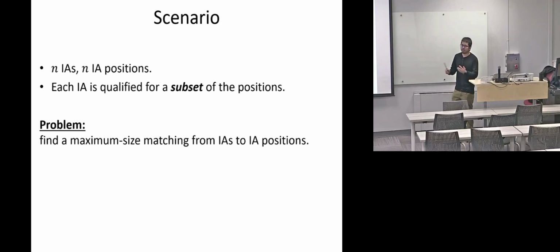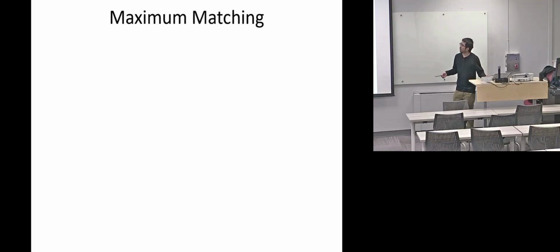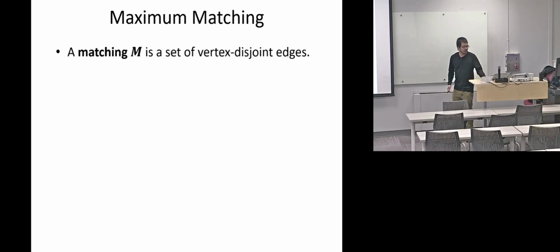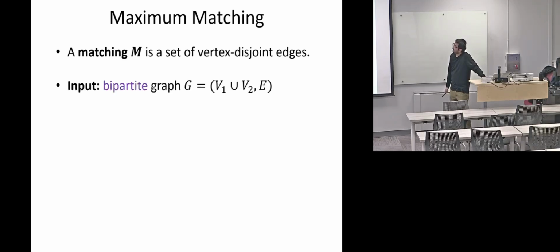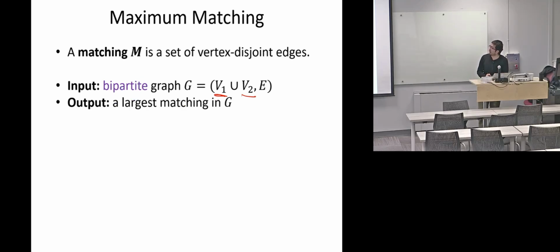Well, this can be modeled as a graph problem, where first of all, a matching is just a set of vertex disjoint edges. I have a bipartite graph where one side is IA applicants, and the other side is the set of positions. And I want to find a largest matching.